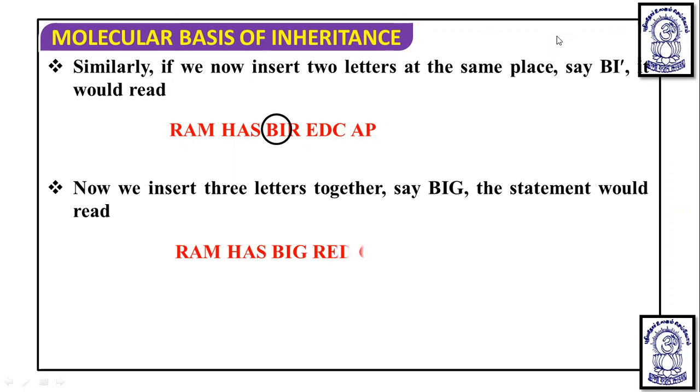The statement would read: Ram has big red cap. Now red cap is retained because we are inserting three nucleotides, so a new amino acid will be added if we make such a mutation in the DNA. The amino acids before and after that will remain the same.